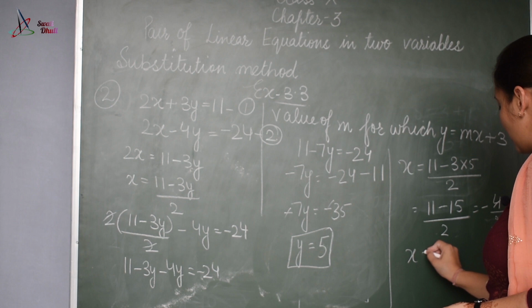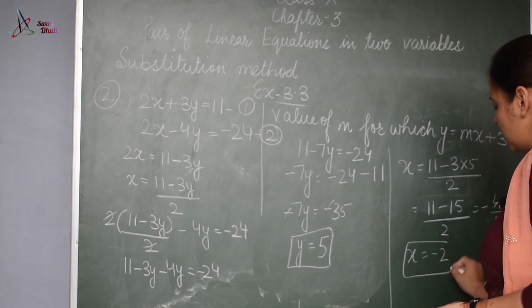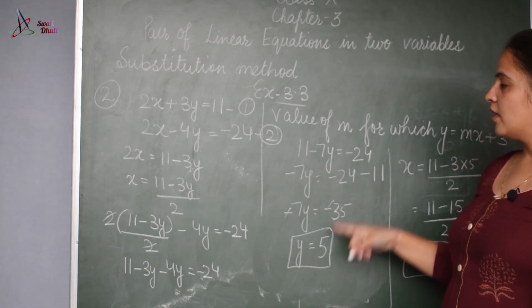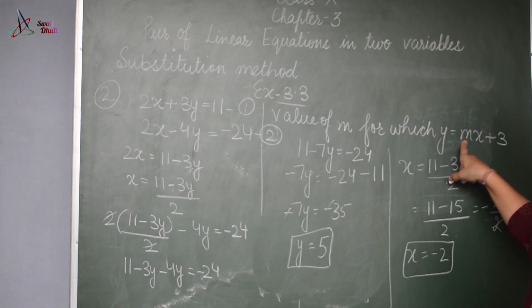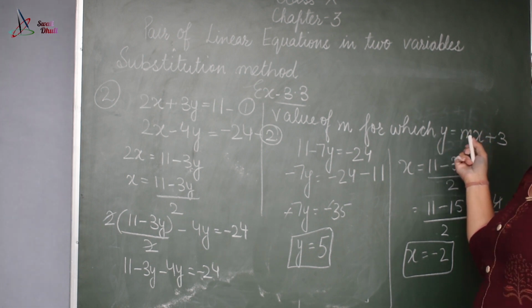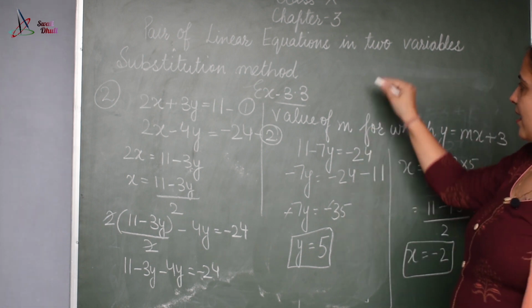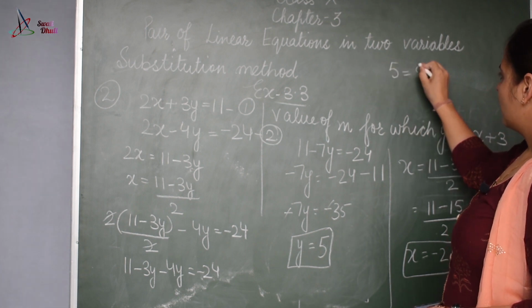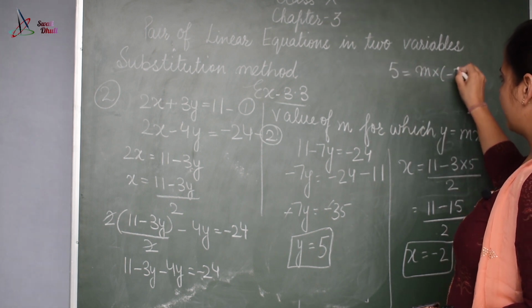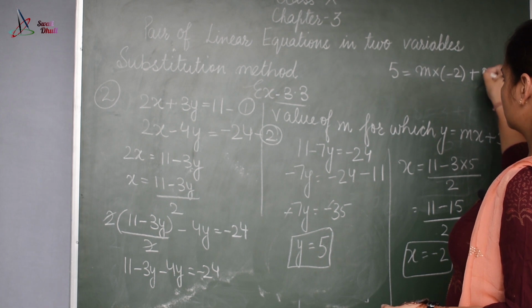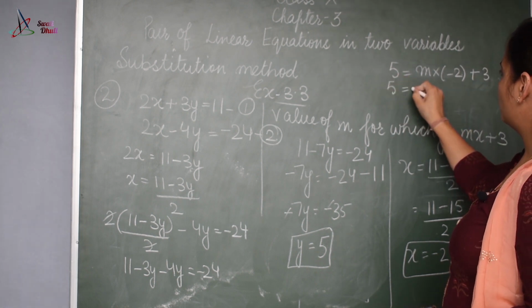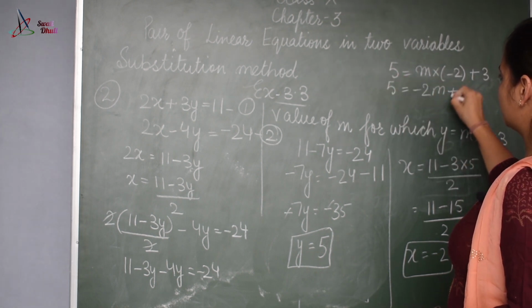Now we have got the value of x as minus 2 and y as 5. Now we need to find the value of m here. So we will substitute the value of x and y. We have got y as 5, x as minus 2, so 5 is equal to minus 2m plus 3.